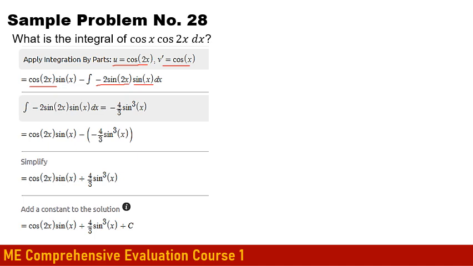So the second term here will become this one. Simplifying the result and adding the constant to the solution, we will have cosine 2x sine x plus 4 over 3 sine cube x plus c.